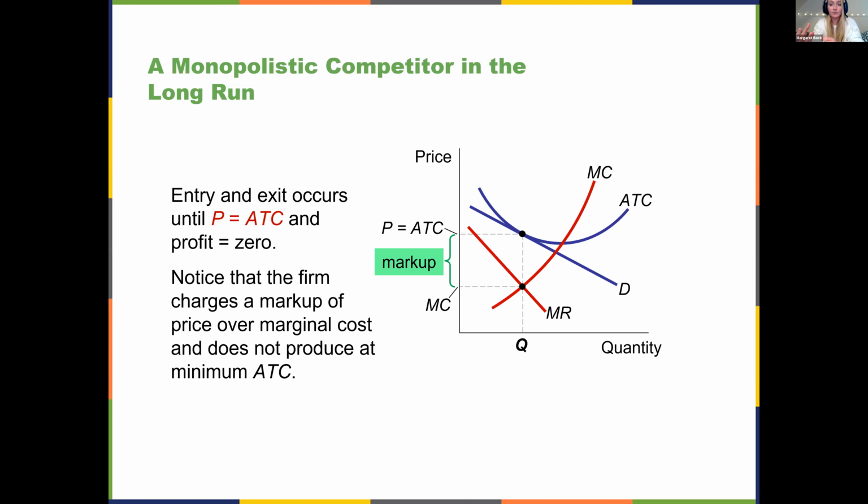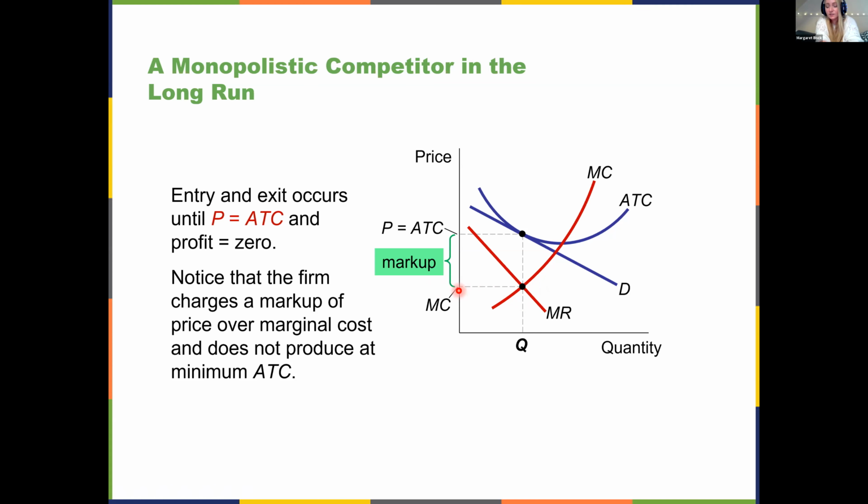So remember, in the long run equilibrium for perfect competition, the perfect competitors choose a price exactly equal to where marginal revenue is equal to marginal cost. So the price in perfect competition in the long run would be right here.